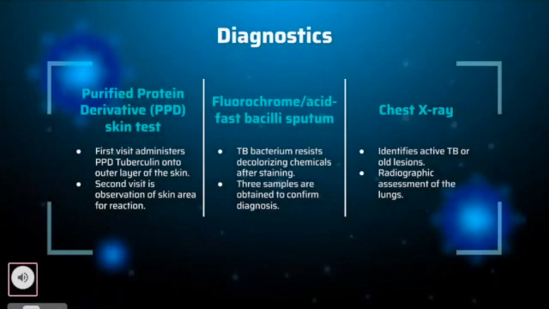The diagnostic findings for tuberculosis, most often we know of the PPD skin test, which is a purified protein derivative skin test. Two office visits are normally required. First one is to administer the PPD tuberculin into the outer layer of the skin.